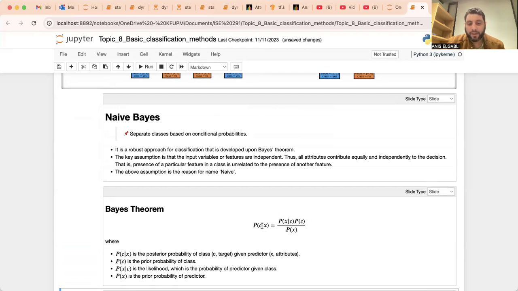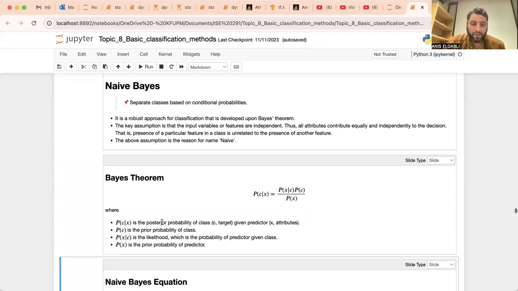So the probability of a class C given a predictor X is equal to the conditional probability of predictor X given class C times the prior probability of class C over the prior probability of predictor X. So here, P of C given X is the posterior probability of class C given the predictor X. P of C is the prior probability of the class C. P of X given C is the likelihood, which is the probability of the predictor X given the class C, and P of X is the prior probability of the predictor X.